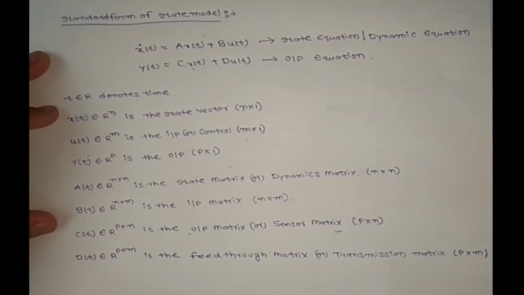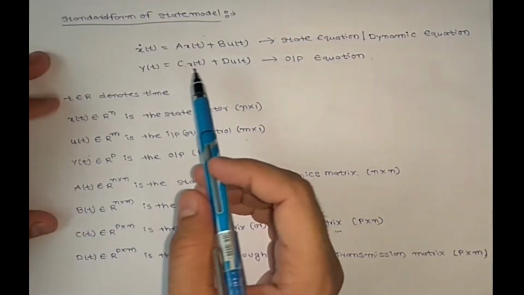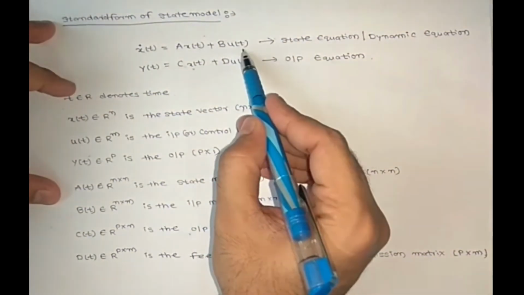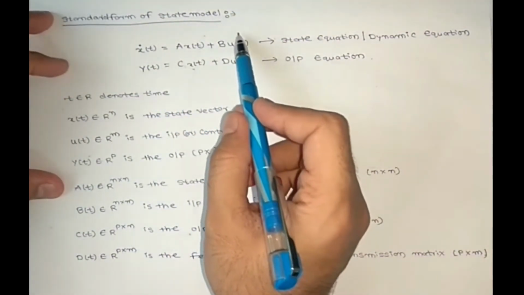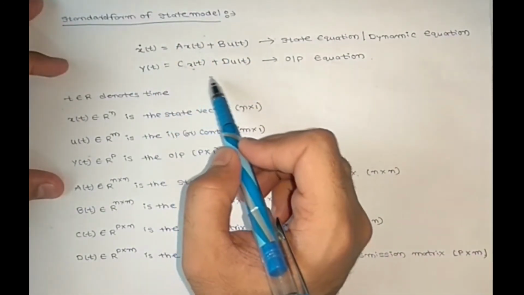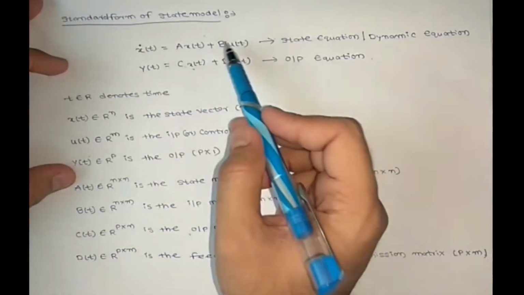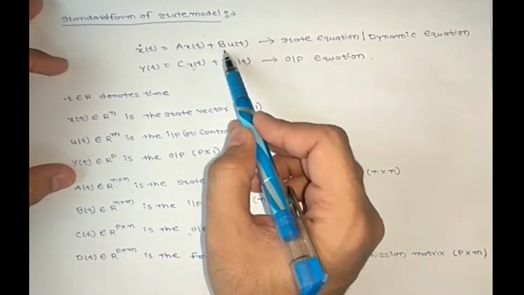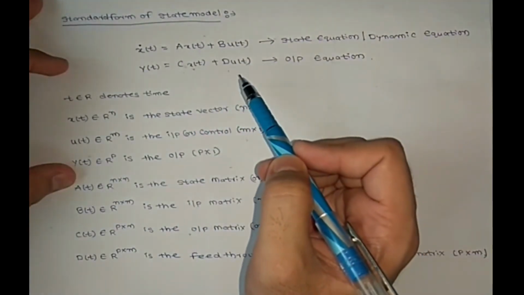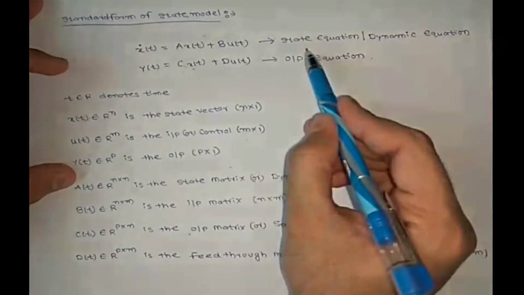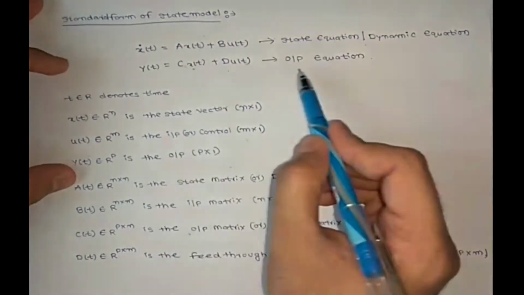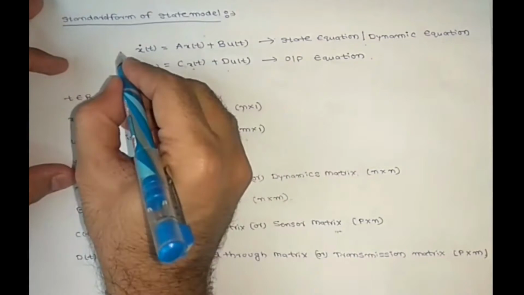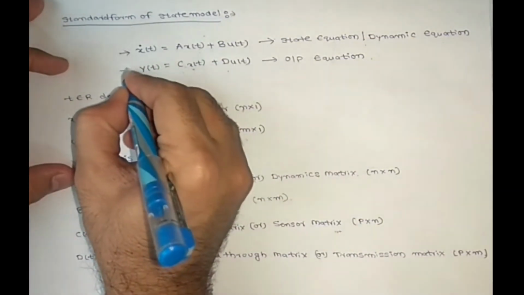The standard form of the state model: we have the input, the state variables and the output, and these three are connected using four constants A, B, C, D. The first equation is called the state equation or dynamic equation. The second equation is called the output equation. These two equations you need to remember.